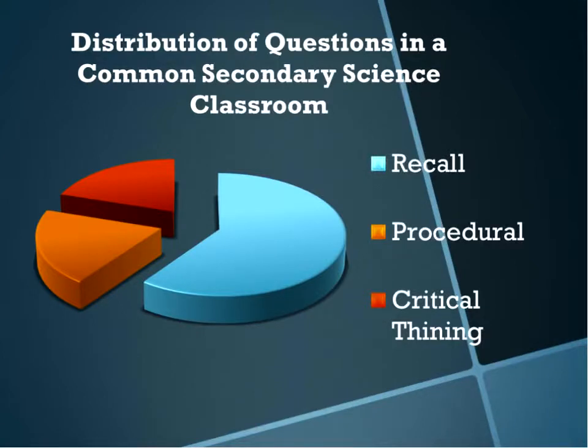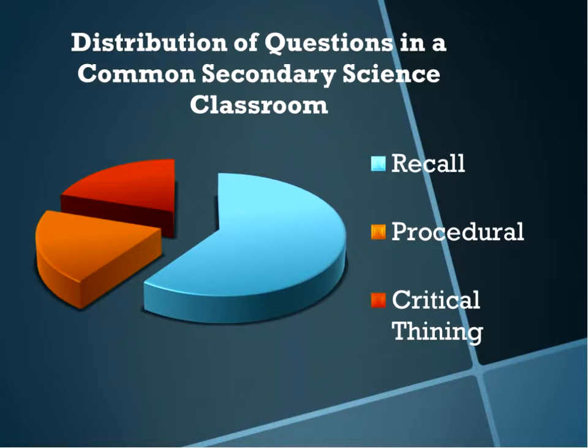Because what we're noticing is that research shows us that that's not what we typically see, in particular in secondary science classrooms, but I would think elementary ones are very similar in this. Over 60% of the questions that are asked are simple recall type questions, with another 20% of the questions in a typical secondary science classroom being procedural, and then only 20% of the questions involving critical thinking.